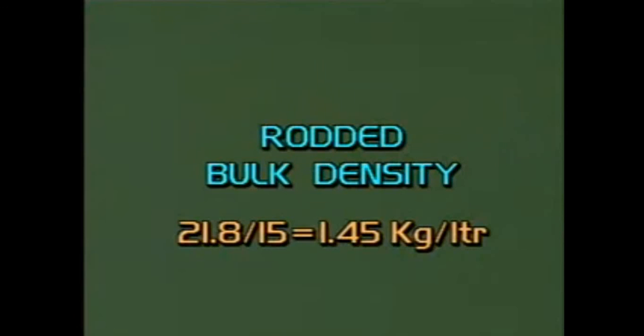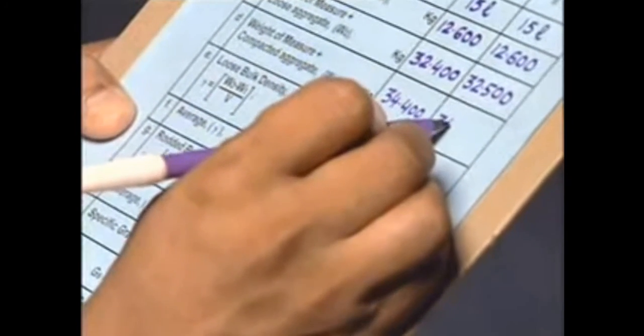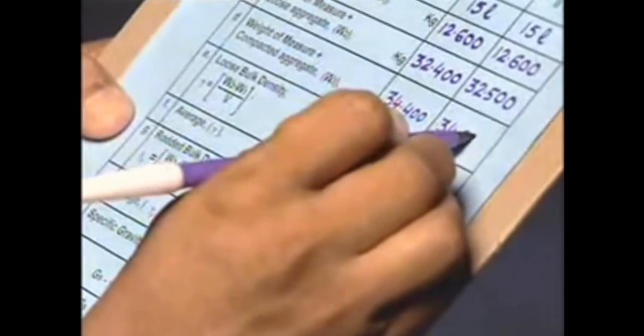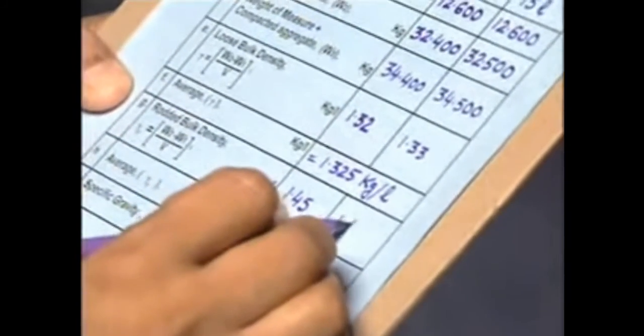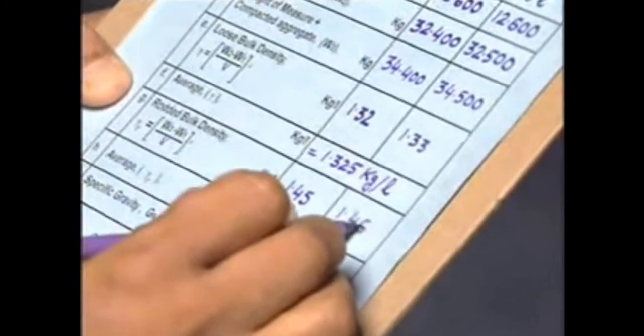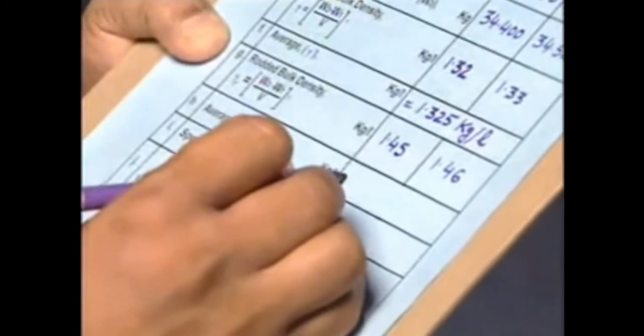The rodded bulk density comes out to be 21.8 kilograms divided by 15 liters, which is equal to 1.45 kilogram per liter. Take another set of readings and record it in the observation sheet. The average of two readings is taken as the final value. The average value of the rodded bulk density in the present case is 1.455 kilogram per liter.